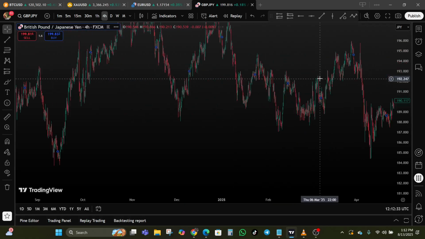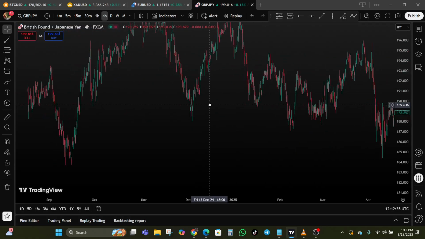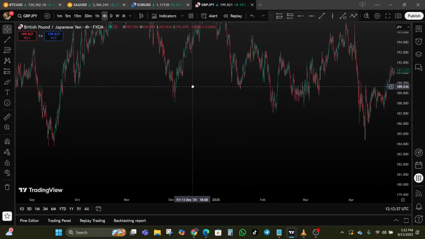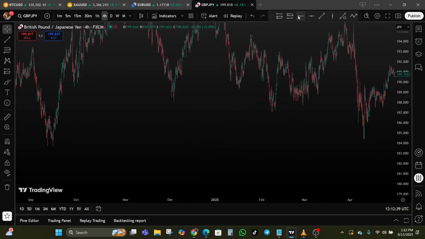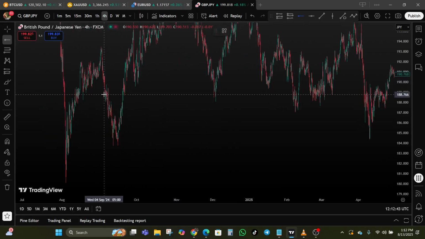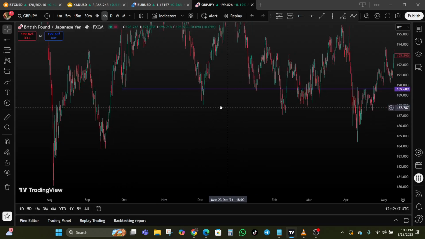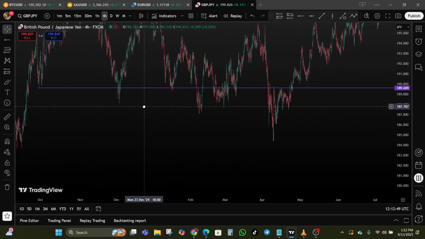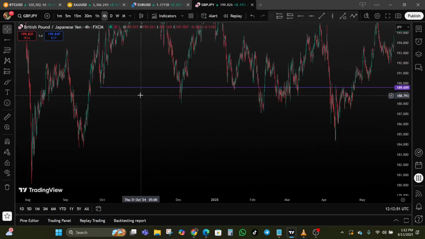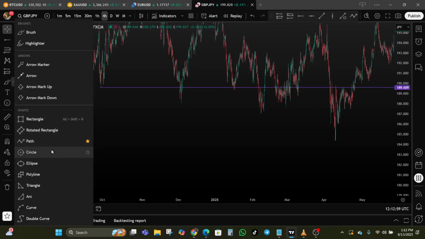So for example, we can see that we had a support level around here. Price obviously respected this zone at this point.